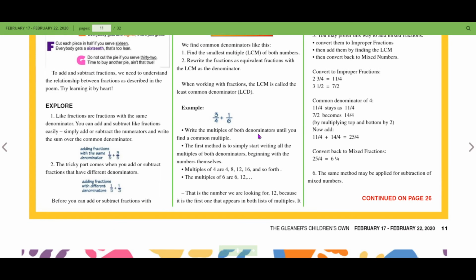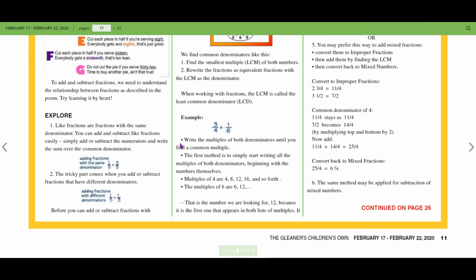and solve for equivalence, and then we are able to get our answer. Write the multiples of both denominators until you find a common multiple. The first method is to simply start writing all the multiples of both denominators, beginning with the numbers themselves. The multiples of 4 are 4, 8, 12, 16, and so forth. And the multiples of 6 are 6, 12, and so on.